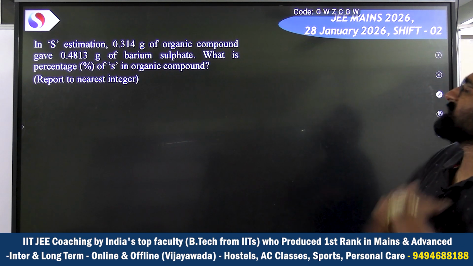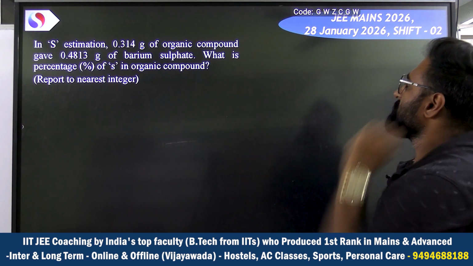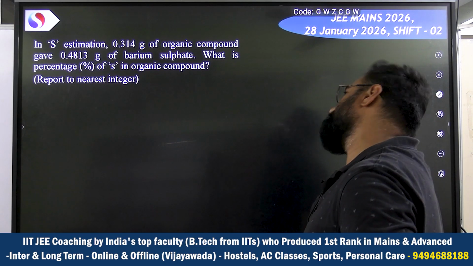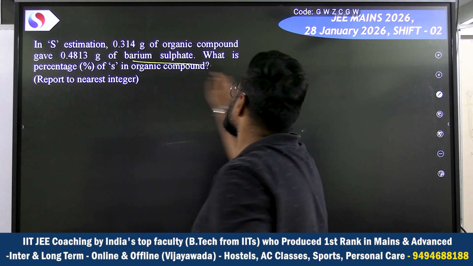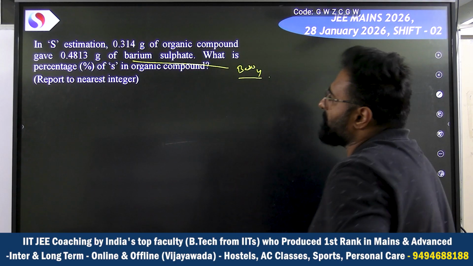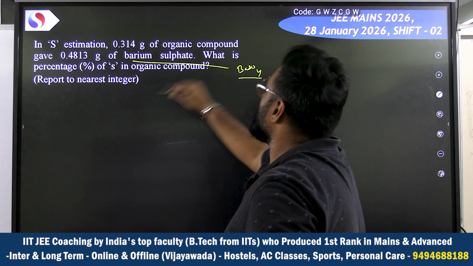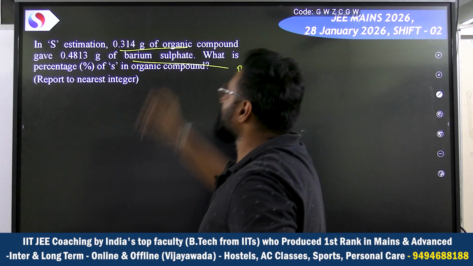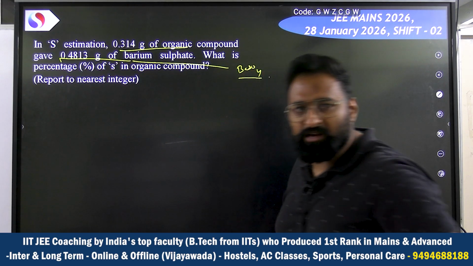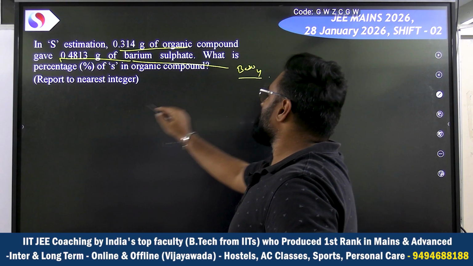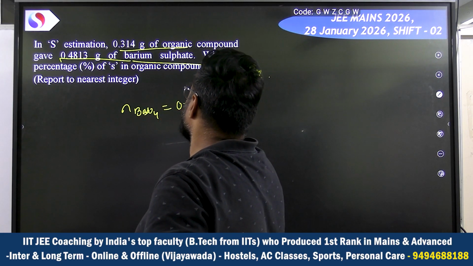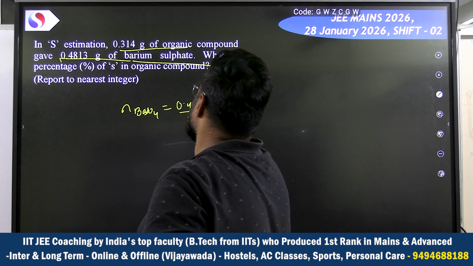Next, sulfur estimation. In sulfur estimation, 0.314 gram of organic compound gave 0.4813 gram of barium sulfate, BaSO4. What is the percentage of sulfur in the organic compound? Report it to the nearest integer. Okay, dekho. So the number of moles of barium sulfate will be 0.4813 divided by 233.